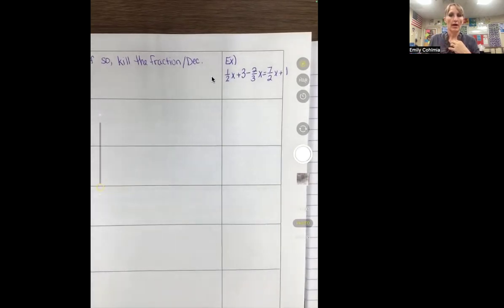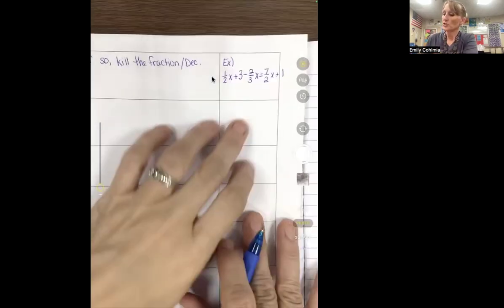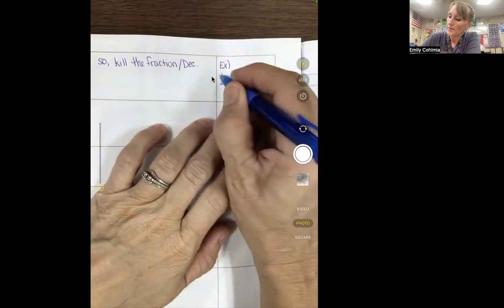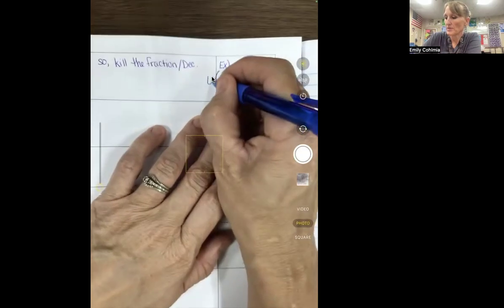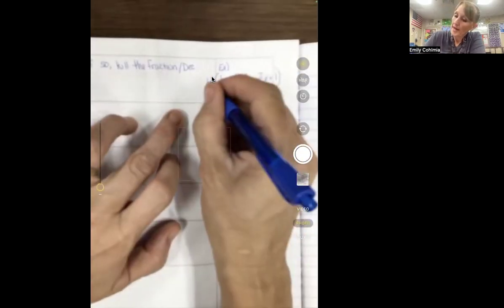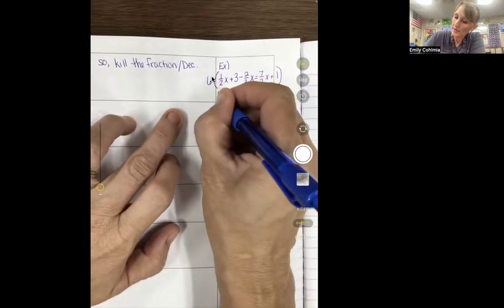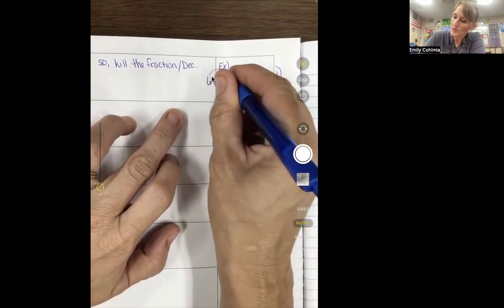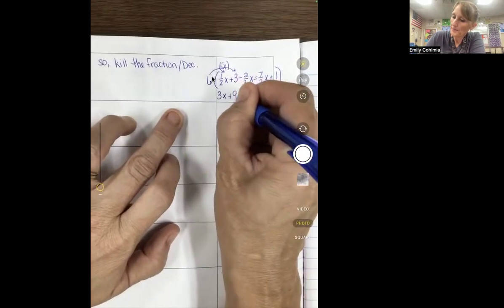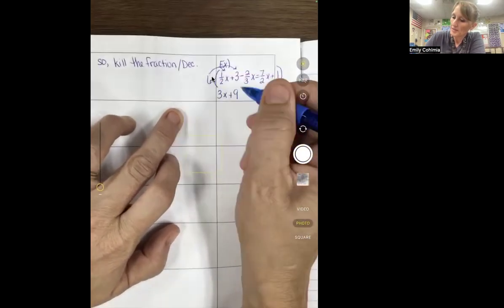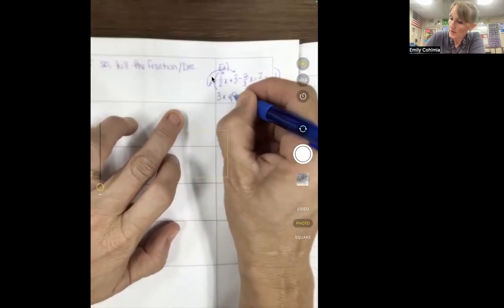Again, remember that we are going to find a common denominator. We have a 2 and a 3, so our common denominator is going to be 6. So half of 6 is 3x. And we do this to everything. So 6 times 3 is 18, not 9.